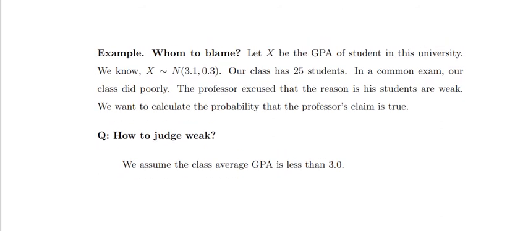So we use probabilities to compare, to check what is the chance this thing happens and what is the chance that thing happens. So let's consider a problem: whom to blame? Suppose we know that for all students, GPA follows a normal distribution with mean 3.1 and standard deviation 0.3.